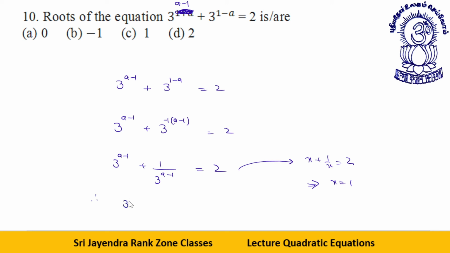Therefore 3 to the power a minus 1 will be 1. Any number to the power 0 is 1, so a minus 1 is equal to 0, because this is nothing but 3 raised to the power 0. So a minus 1 is equal to 0, or a is equal to 1.